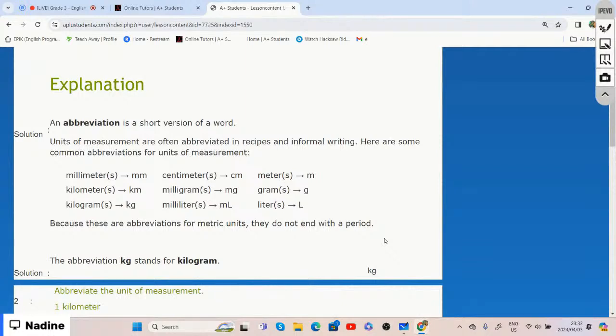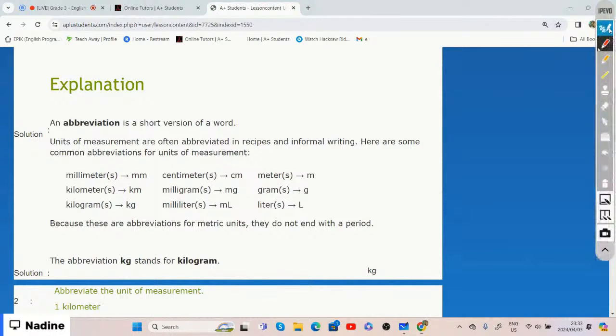Once again, an abbreviation is a short version of a word. That is just to remind us that an abbreviation is a short version of a word. It can be any word that you abbreviate.